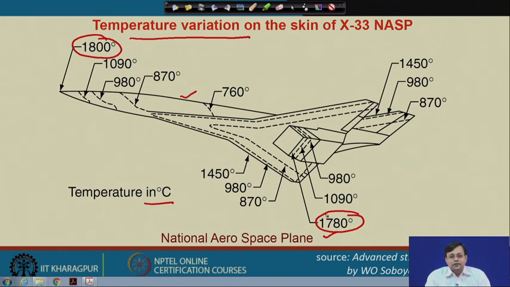Here near the wing the temperature rises up to 1780 degree centigrade, or let us say 1450 degree centigrade in these edges. At the tail it reaches up to 1450.